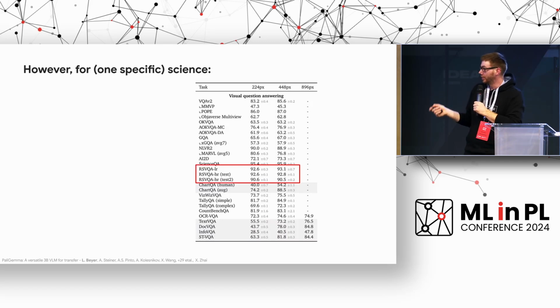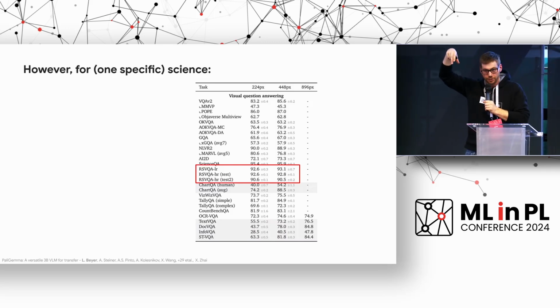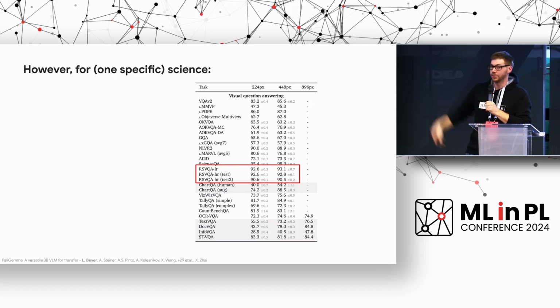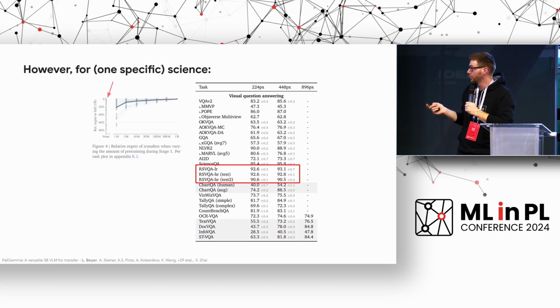So for example, here in our long list of tasks that we then evaluated on, there is a couple of data sets, RSVQA, which stands for Remote Sensing VQA. This is satellite images, and the questions are like, is there a lake, for example, right? But from satellite images. And the model performs really well there too. Like this is 93% out of 100%.